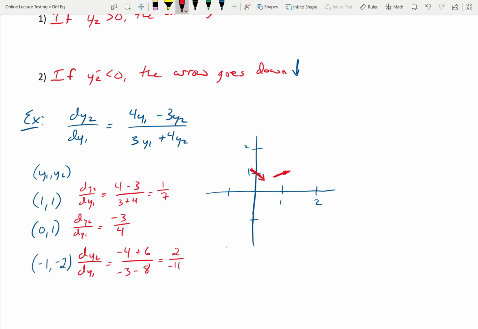All right, so the numerator is positive, but the denominator is negative. So our arrow is going to be, and that's too much of a slope, this is a little bit flatter. So we're going to get an up and to the left is how it's going to look. All right, so that's how you would start plotting these on a 2 by 2 frame.